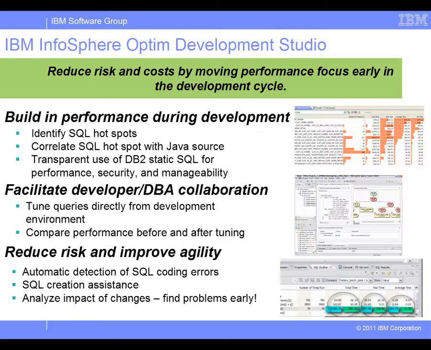Finally, Optim Development Studio can improve productivity and reduce risk by using database-centric tooling that helps prevent coding errors and makes dependency analysis a snap. Optim helps developers create Java applications that even DBAs will like.